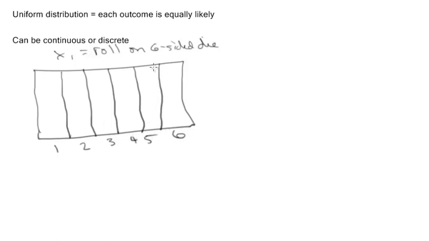Now you might be noticing that the height is uniform. What I'm noticing is that the area for each of these values is equal to each other. And the probability of rolling a 1 on a fair die is exactly the same as rolling a 6 on a fair die. Now the first thing I want you to know about a probability distribution graph is that total area equals 1.